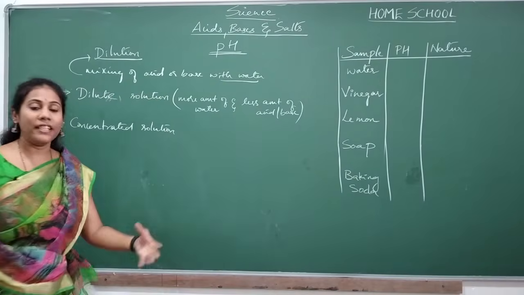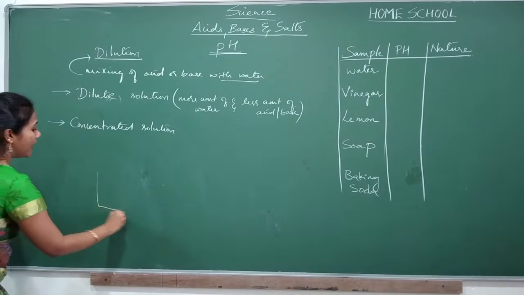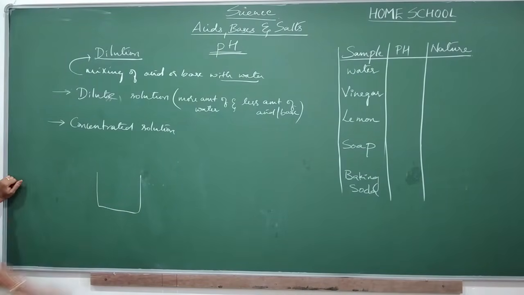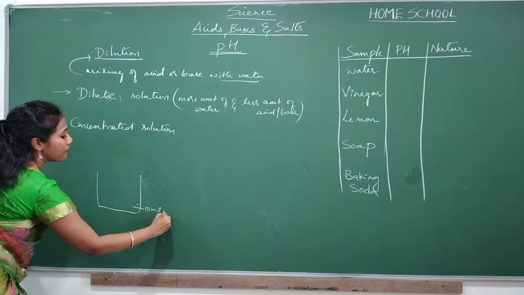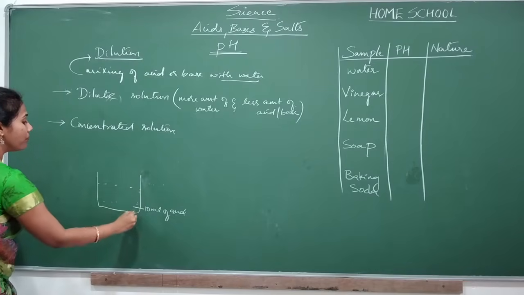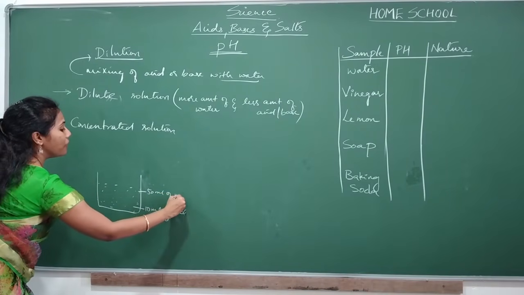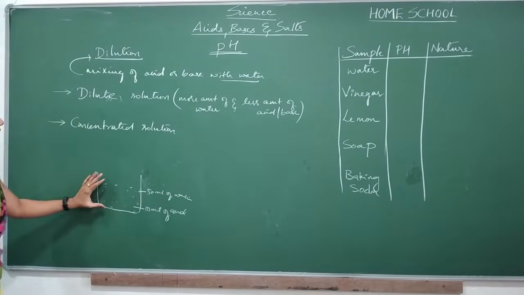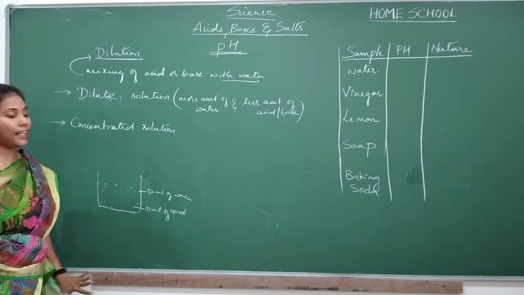Here everybody, whenever you are making an acid solution, imagine I have a beaker. In this beaker I took only 10 ml of acid, but I took 50 ml of water. So this is the solution that contains 10 ml of acid and 50 ml of water.